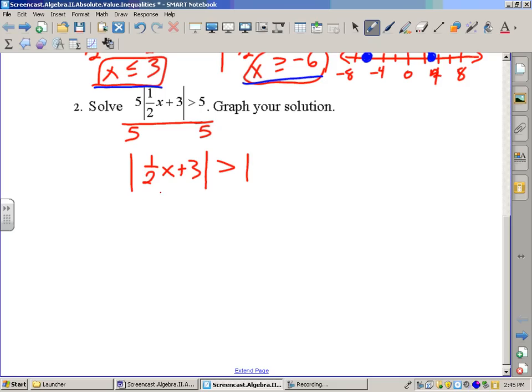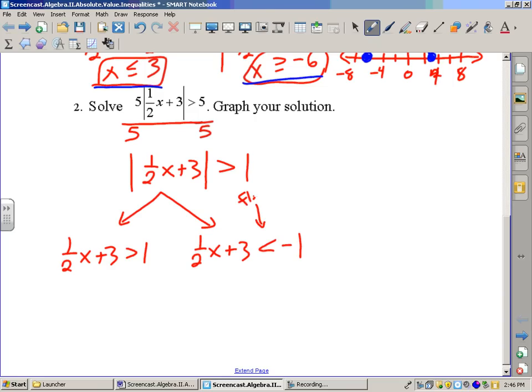Well, lucky for me, at this point, I have the absolute value isolated, so I can split it into 2 solutions. The first one is 1/2 x plus 3 is bigger than 1, and 1/2 x plus 3 is less than negative 1. Remember, you've got to flip this sign, and you've got to do the opposite positive negative sign.